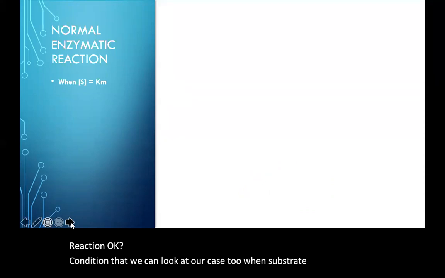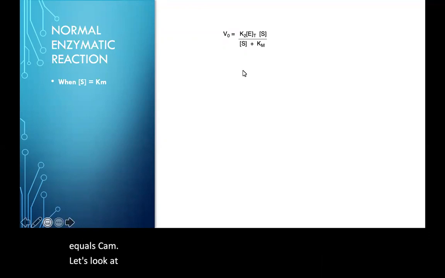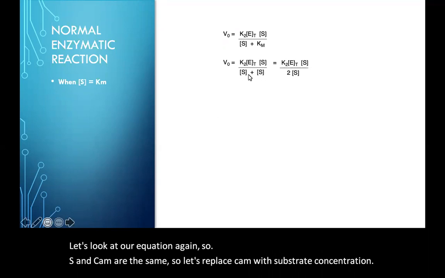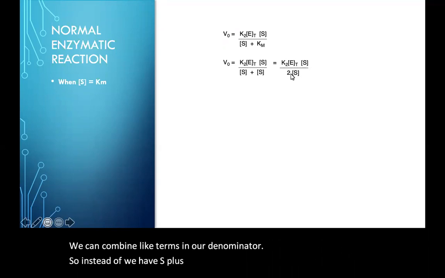Another condition that we can look at, or case 2, is when substrate concentration equals Km. Okay, let's look at our equation again. So S and Km are the same. So let's replace Km with substrate concentration. Well, we can combine like terms in our denominator. So instead of, we have S plus S, so we'll have 2S down here.